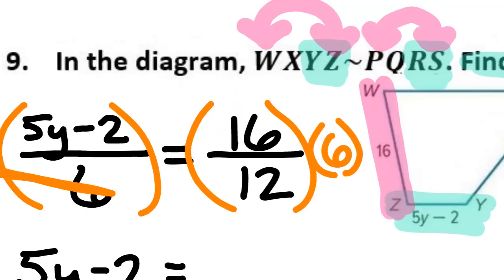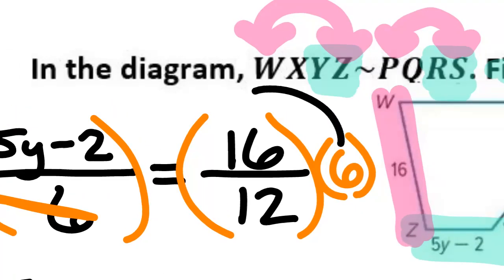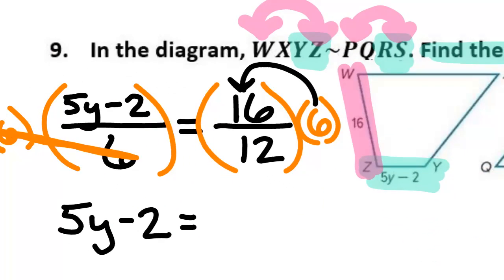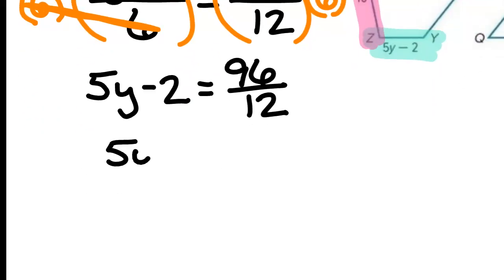Does this 6 multiply to both the top and the bottom? No, it only multiplies to what? Just the top. So I do 16 times 6, 96, over 12. After I do that multiplication, I see if I can divide this and get a nice pretty number. What is 96 divided by 12? 8. So 5y minus 2 is equal to 8.